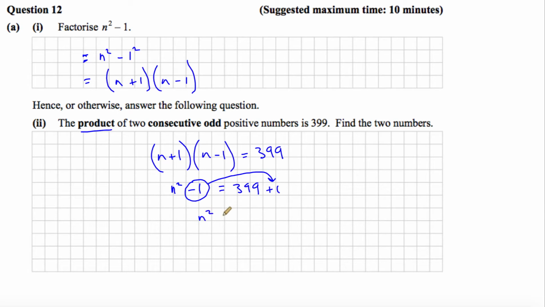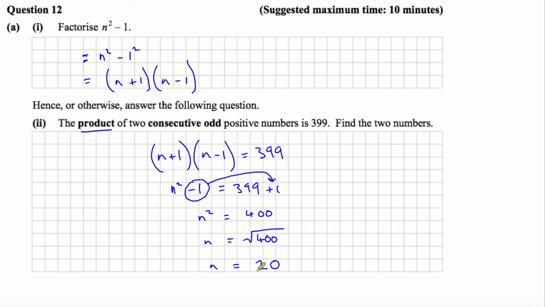So we have n squared is equal to 400. So that means that n is the square root of 400. So n is equal to 20.